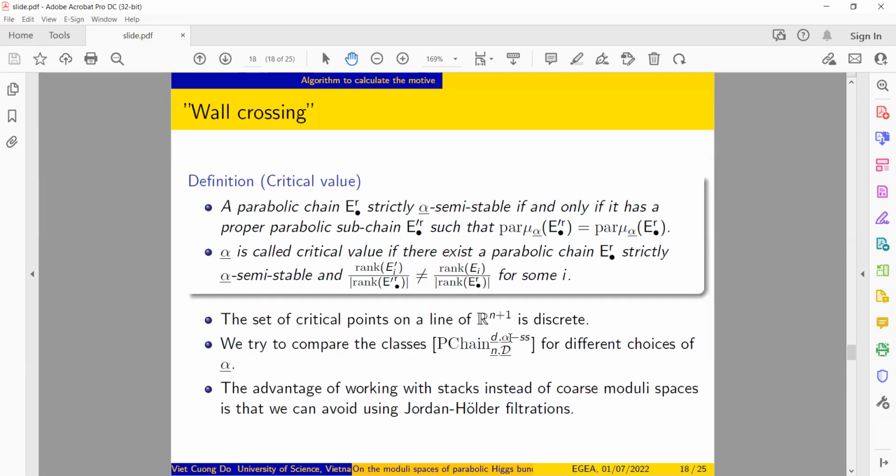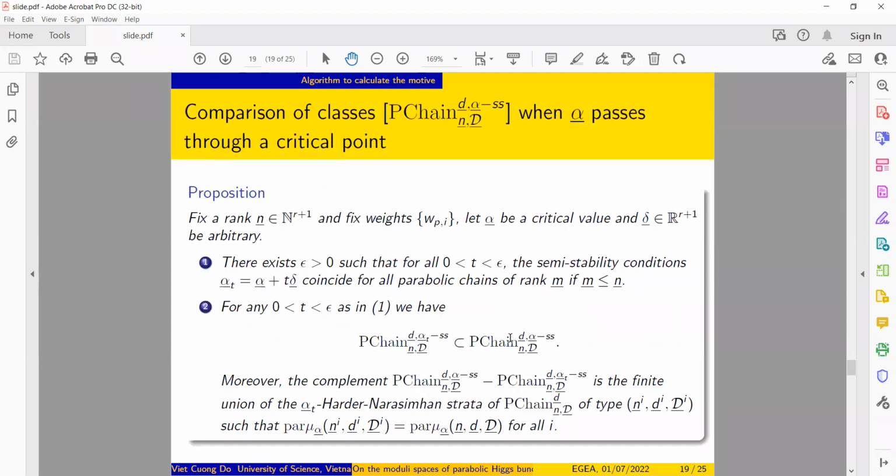We calculate. We compare the classes of Pareto chains for different choices of alpha, and we hope that this must give us some hint to bypass the conversion problem. And yes, we have a formula for this comparison.